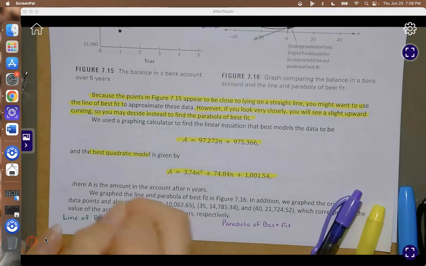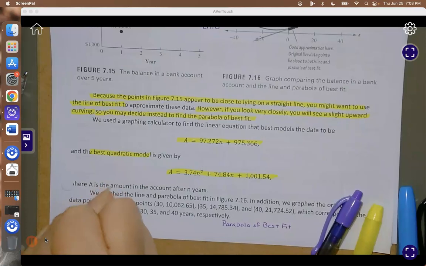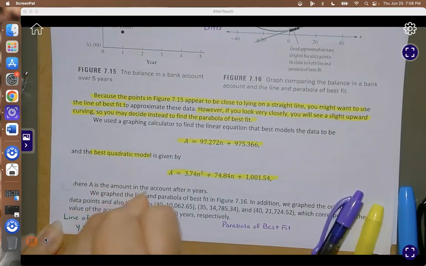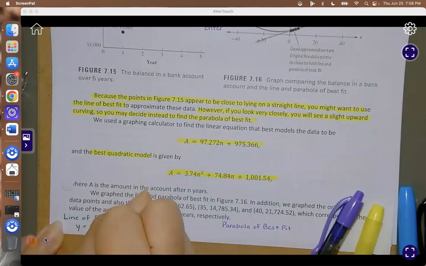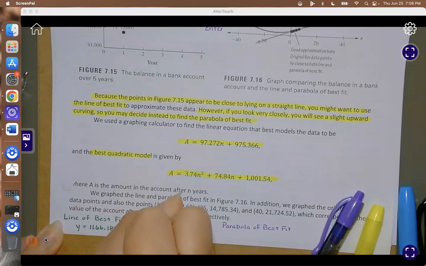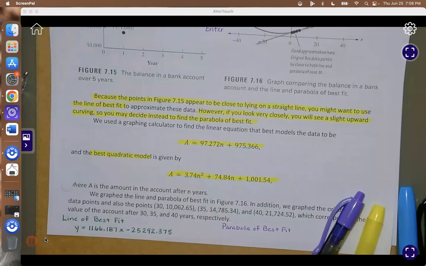All right. Now, hopefully, for your line of best fit, you got 1166.187x minus 25292.375. That's your line of best fit.